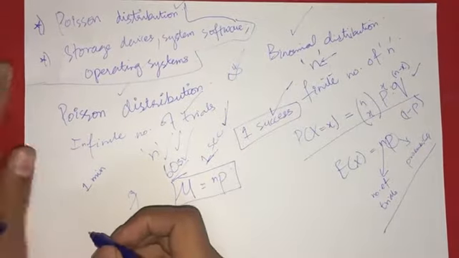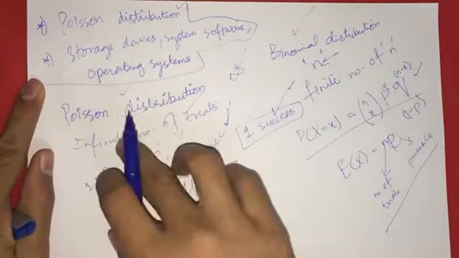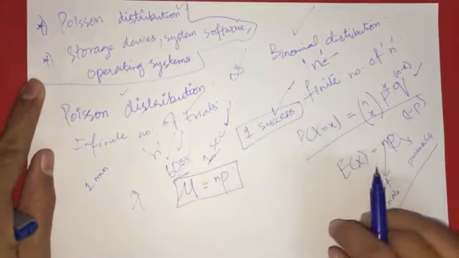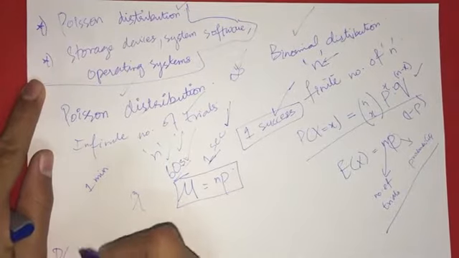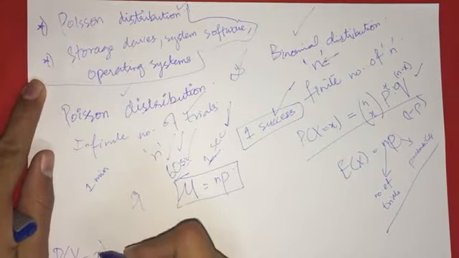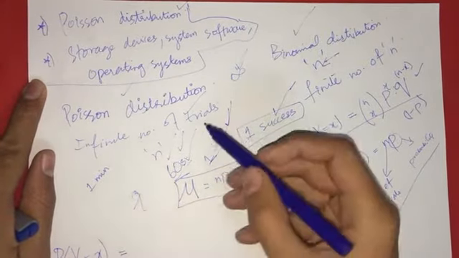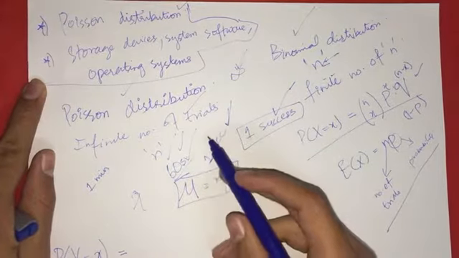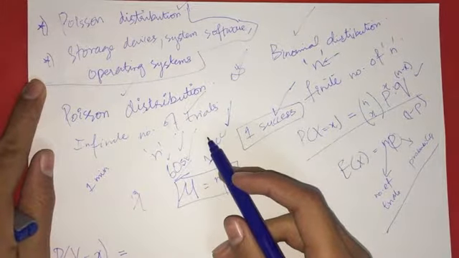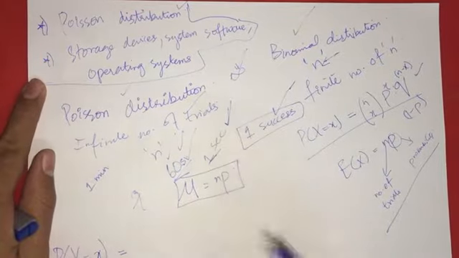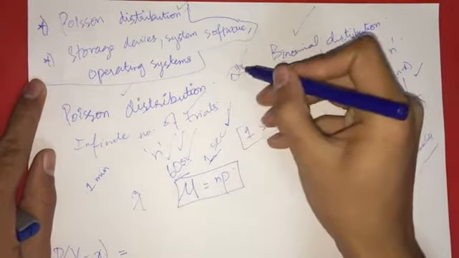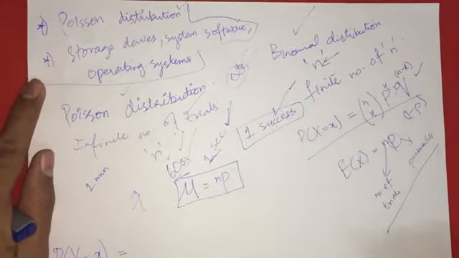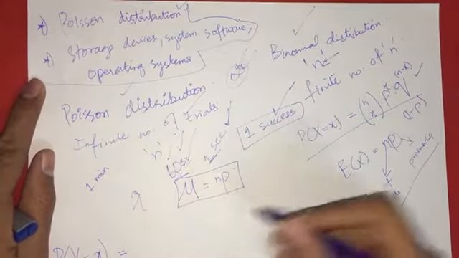So if you claim that this distribution is a binomial distribution, then P of X equals little x. What you do, because as I just explained, your n will eventually reach infinity, that the limit of n reaches infinity. So you have this formula.